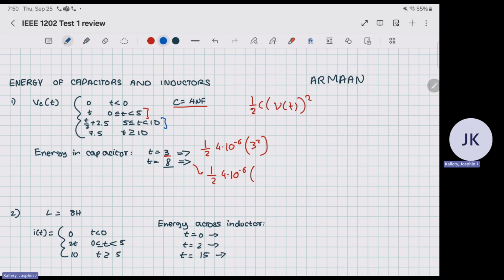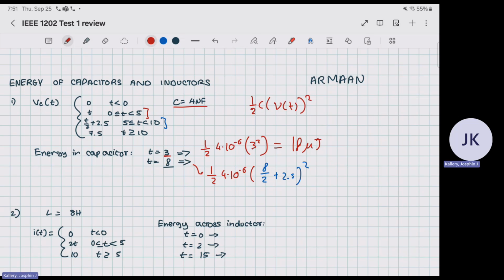So now instead, we'll plug in t over 2 plus 2.5 squared. Remember, our t value is 8. So we end up that our final energy in our capacitor is 18 microjoules. And let's plug in our values for the next one. So 1/2, 4 times 10 to the negative 6, 8 over 2 plus 2.5 squared.